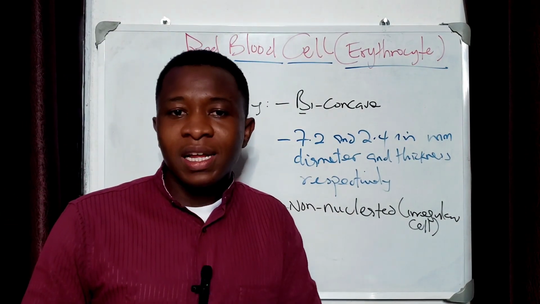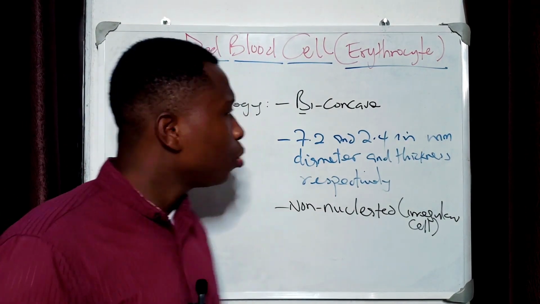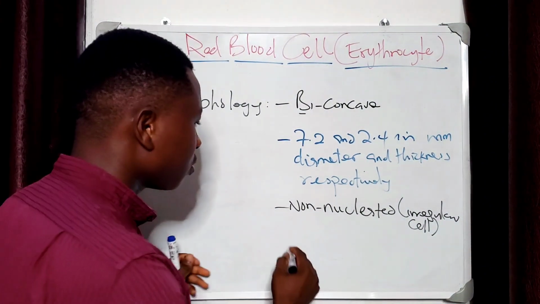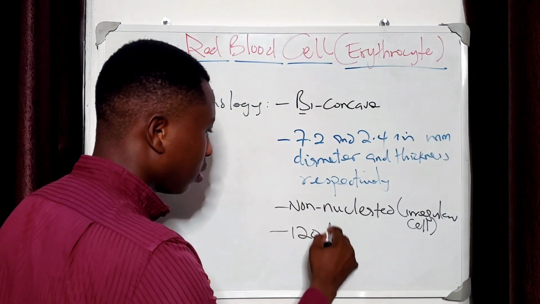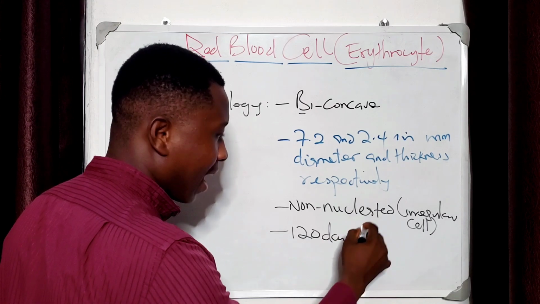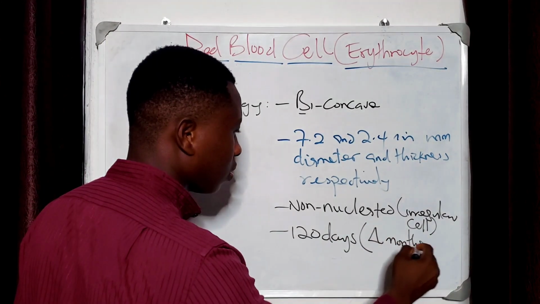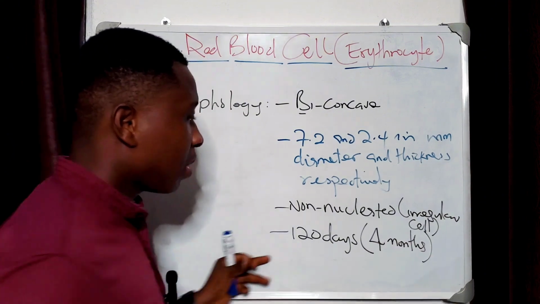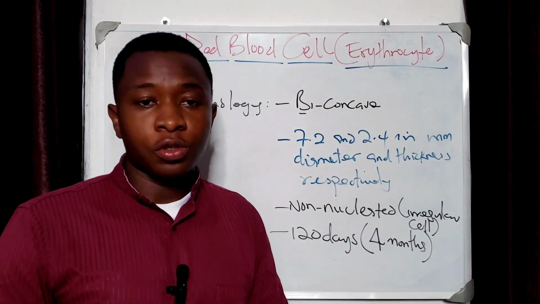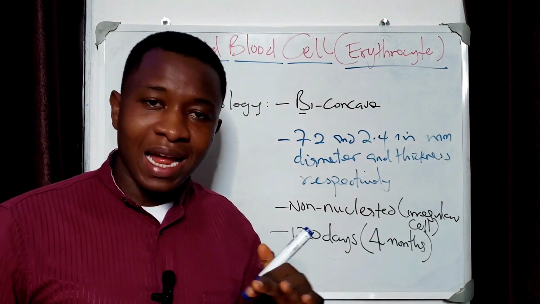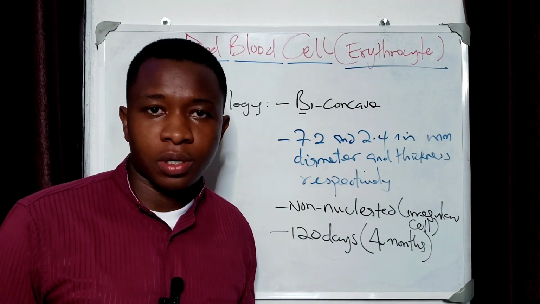Okay, so that's that. Now, another thing you should know about the red blood cell is that it has an average life cycle of about 120 days, and this is approximately 4 months. So after 120 days, the red blood cell dies and another one regenerates.